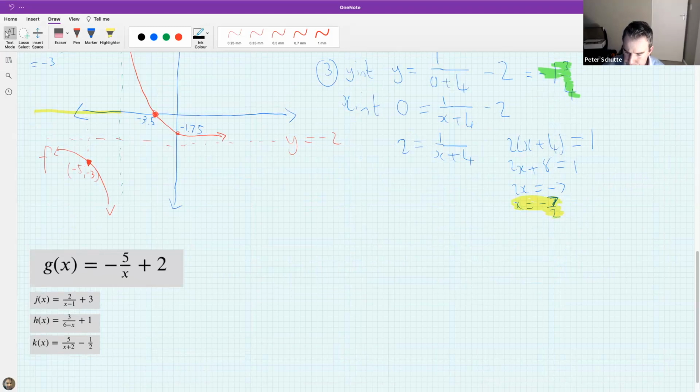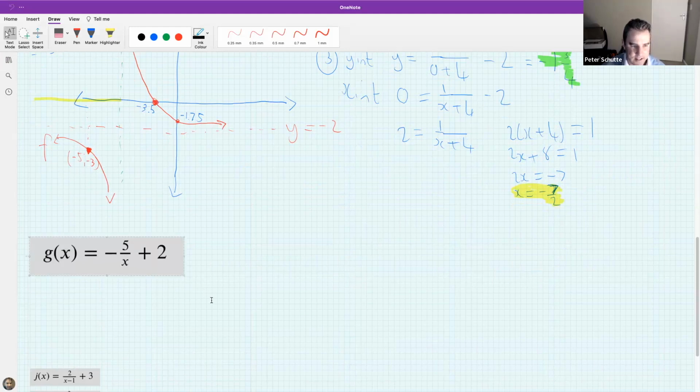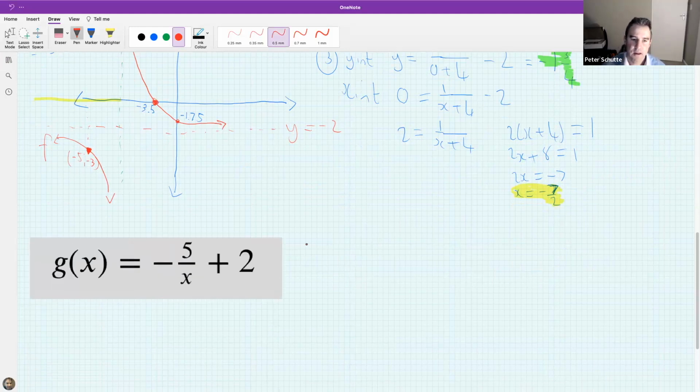Okay, now let us take it up a notch in terms of the types of drawings we're doing here. So we're going to draw another hyperbola, and this time there is a minus sign in front. Now, another way of writing this is to write it like this. G of x is minus 5 over x plus 2.